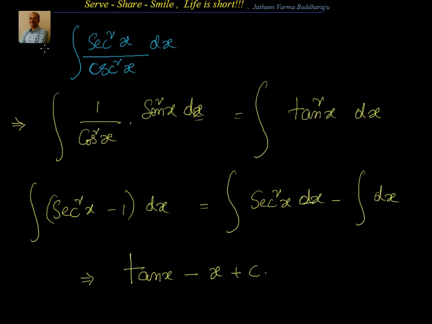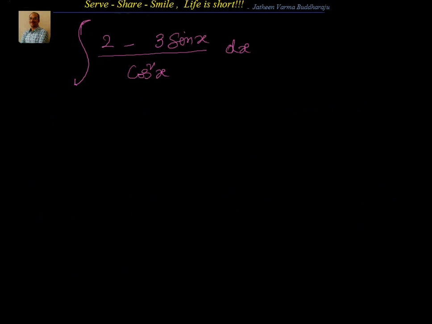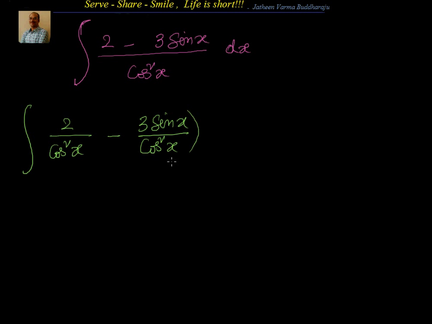We'll do one more example. We have to find out the integral of 2 minus 3 sin x divided by cos square x dx. So let's try to do individual division here. It will become 2 by cos square x minus 3 sin x by cos square x, with dx on that.